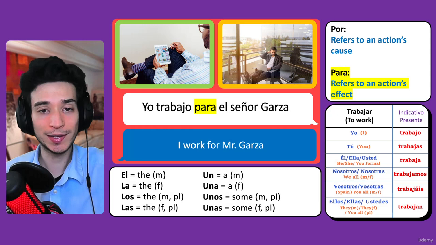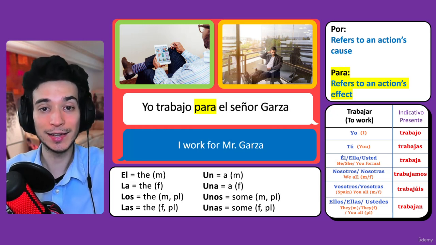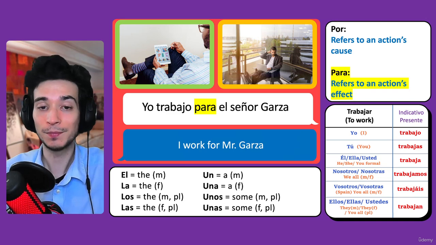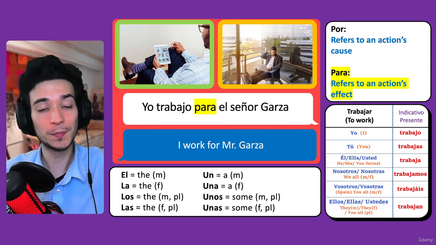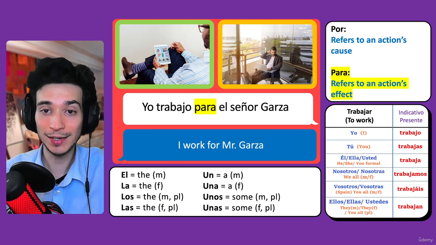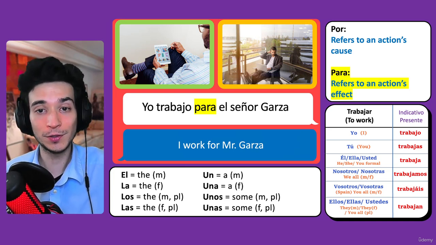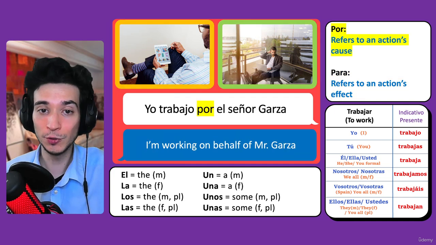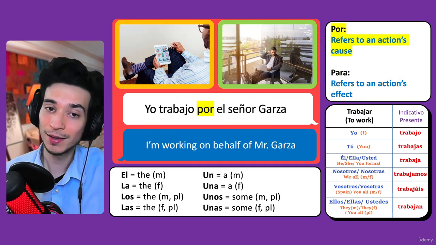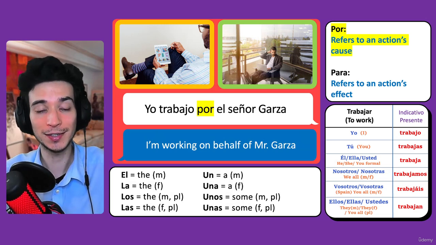And let's try another example. Yo trabajo para el señor Garza. I work for Mr. Garza. Yo trabajo para el señor Garza. So para would be the effect. And if you change para to por, it would mean I'm working on behalf of Mr. Garza.